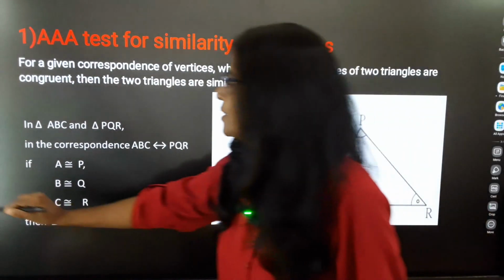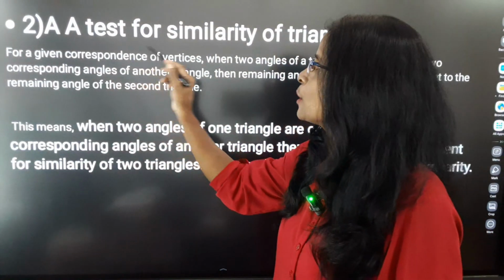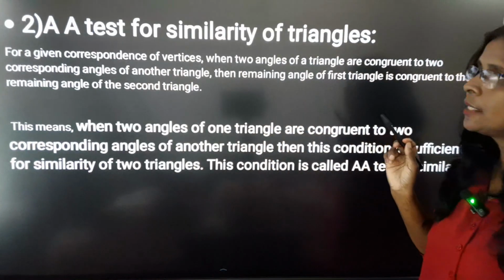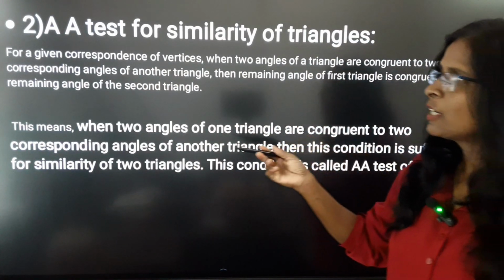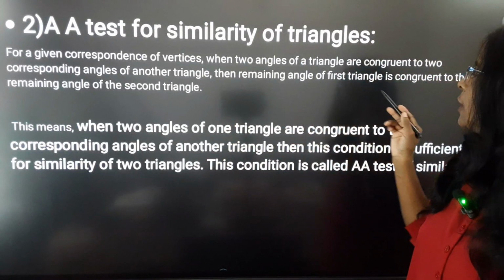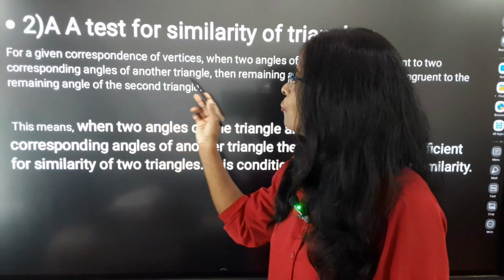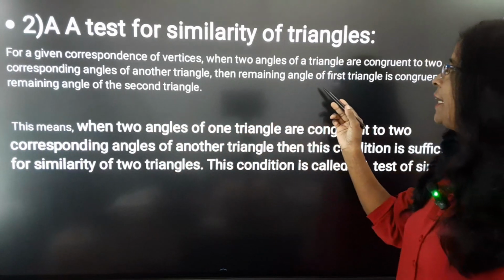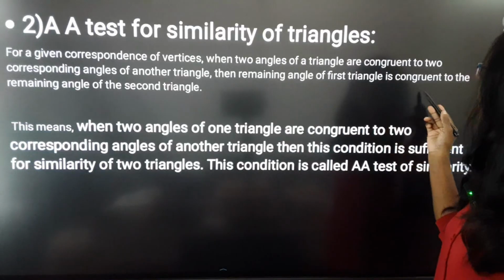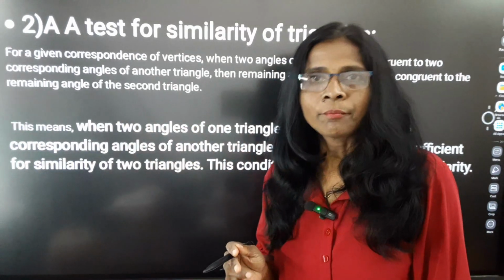Then the second one, students, is the AA test for similarity of triangles. For a given correspondence of vertices, when two angles of a triangle are congruent to two corresponding angles of another triangle, then the remaining angle of the first triangle is congruent to the remaining angle of the second triangle.